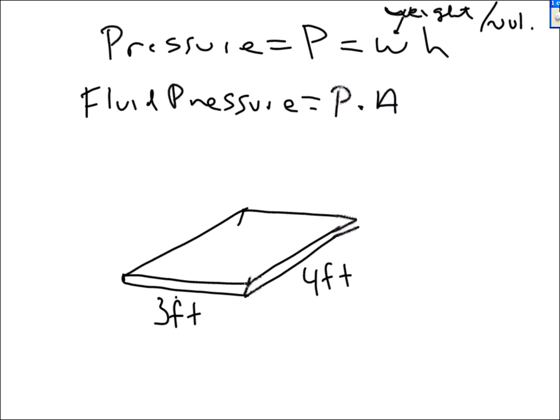Let me just get this 3 dimensions down. It is known to be under 6 feet of water. Well, what does that mean? Well, it means it's 6 feet underwater. What else would it mean?